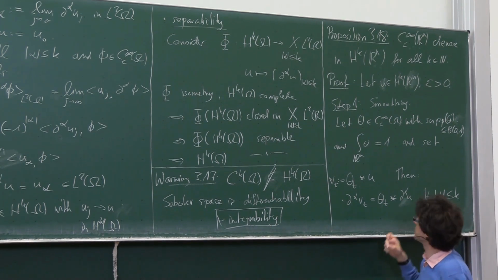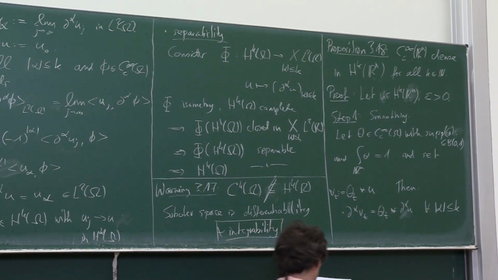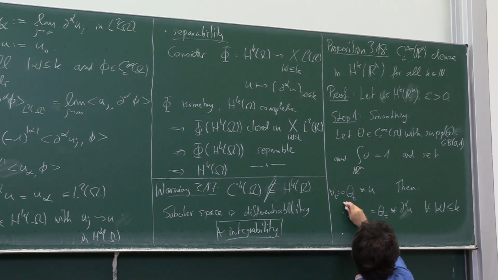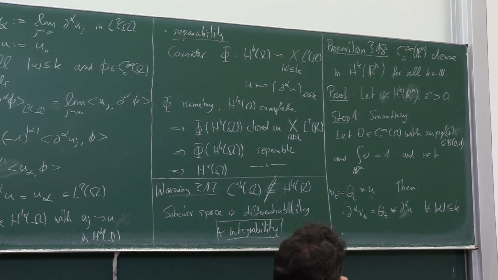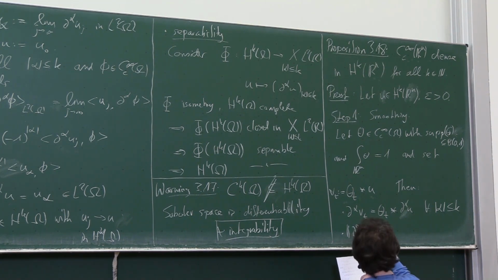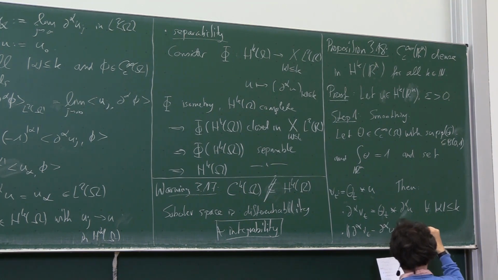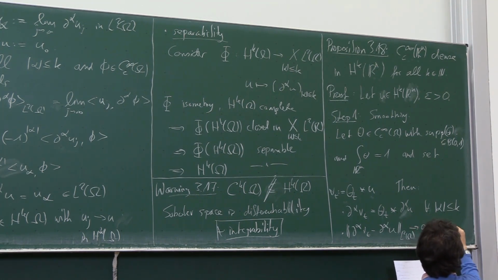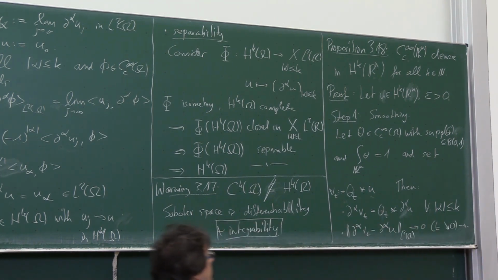This was Lemma 3.11 on Monday's lecture. And we know that this modified version approximates u. So if t goes to 0, this converges in L2 to u. So the alpha derivative of v_t minus the alpha derivative of u in L2 converges to 0 for t going to 0, and also for all alpha less or equal than k.